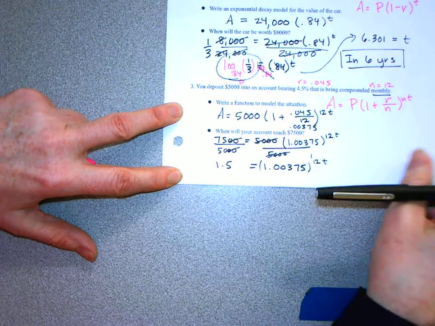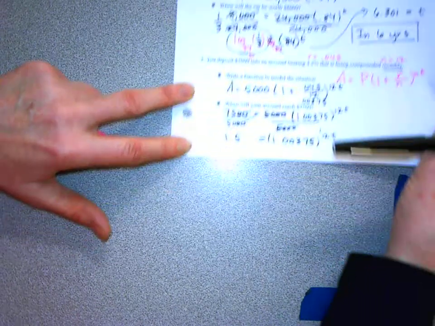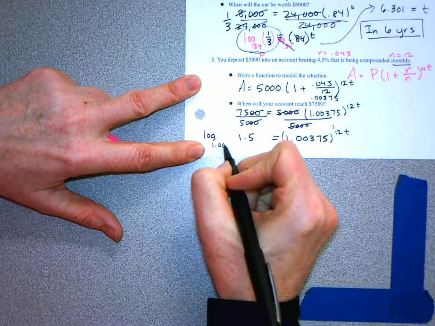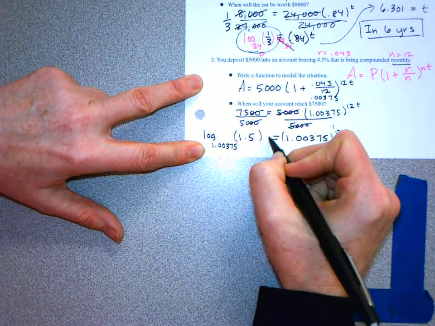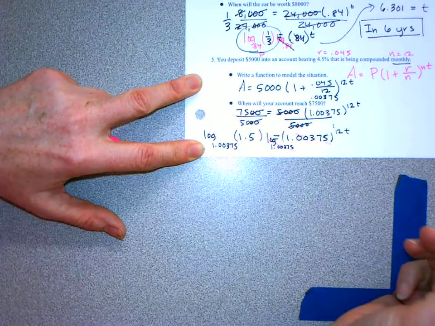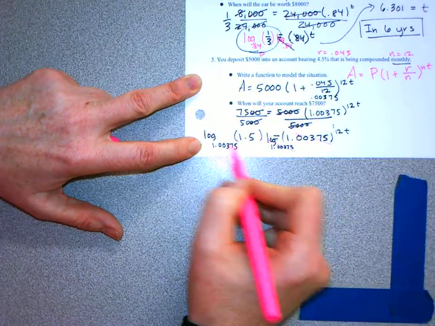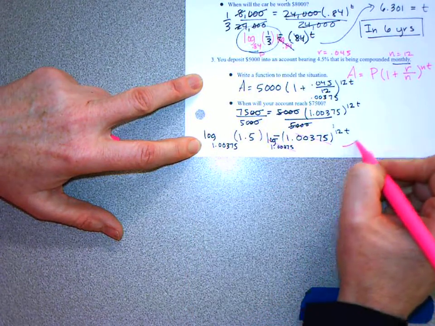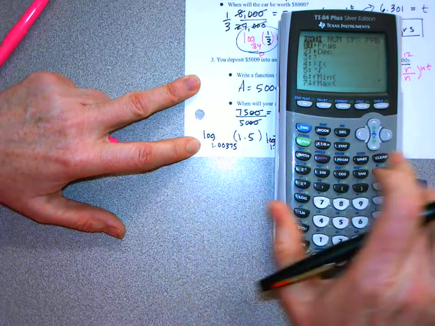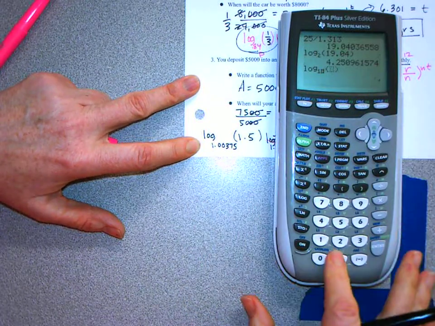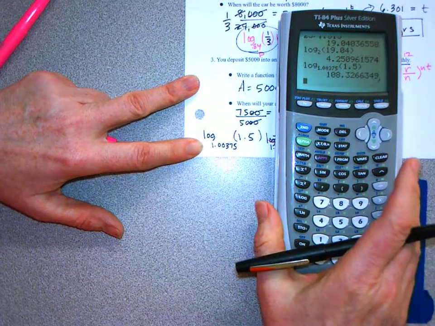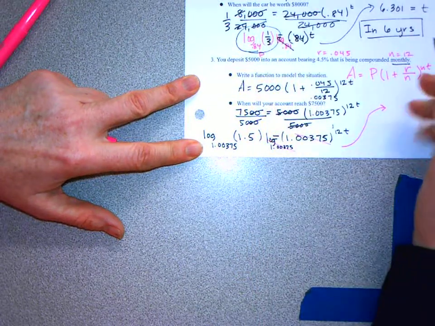I have a base, so I'm going to take the log base 1.00375 of both sides, and we know what happens, it cancels. So I plug that into the calculator, math, up to the log base, plug it in, 1.00375, move over, and I enter, and I get 108.327, so 108.32 equals 12t.